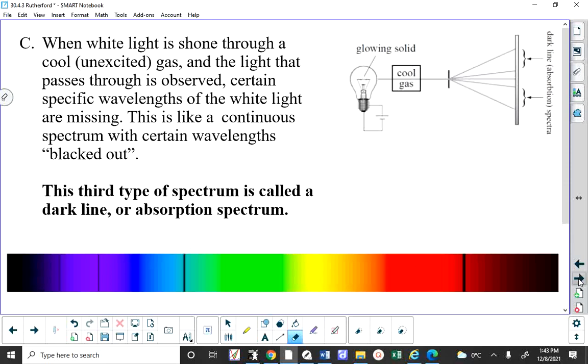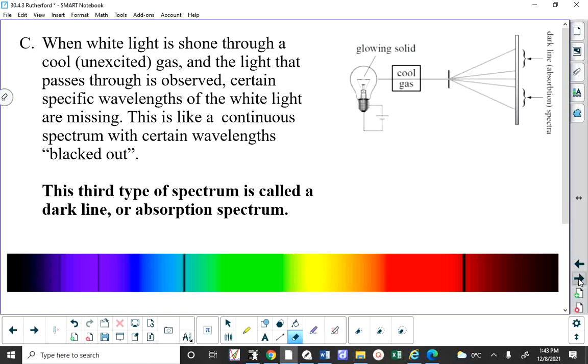And by the way, that dark line spectrum you're looking at is the dark line spectrum for hydrogen. I'm pretty sure that dark line spectrum is contrived. That's not an actual photo of a dark line spectrum. In other words, I think what I did is I took the continuous spectrum and put black lines in the right places. It's a little more subtle than what you're looking at.